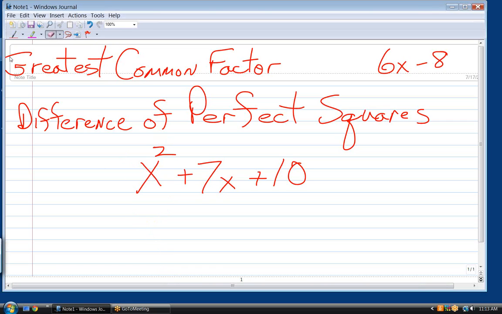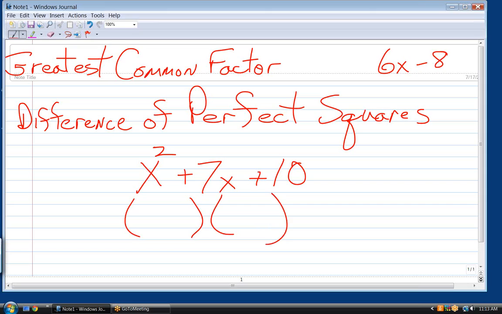Okay? Now, first step in factoring, is there a greatest common factor? No. Good. Is it difference of perfect squares? No. Okay, so that leaves us with this technique. And I'm sure you've seen this, haven't you?